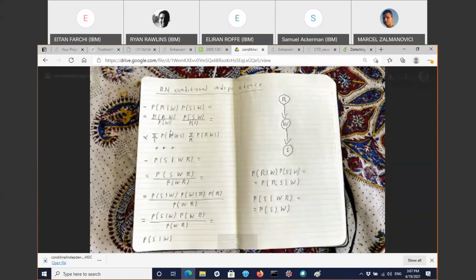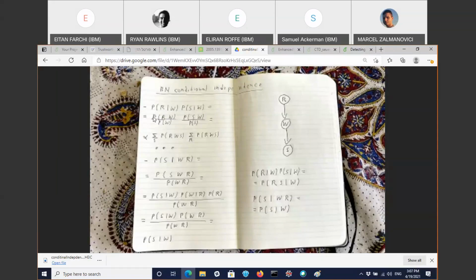The probability of R given W is the probability of R and W divided by the probability of W. Same with S given W. And then I need to start working with the marginals.